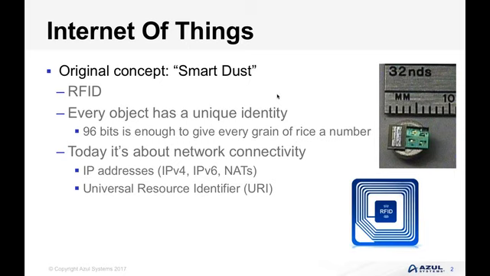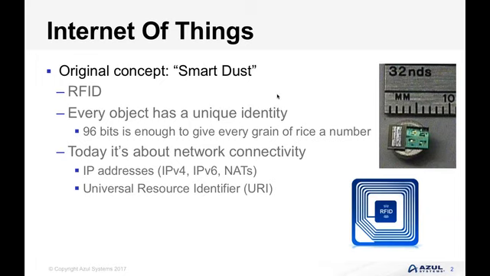Now, what that has morphed into, with what we traditionally talk about as IoT today, is network connectivity. So we're still talking about having devices connected, but it's more the traditional kind of network that we're used to. So we're using IP, IPv4 and IPv6 to give us a larger range of addresses, but even using network address translation, so hiding things behind a firewall so we can allocate IP addresses behind a particular gateway or something.